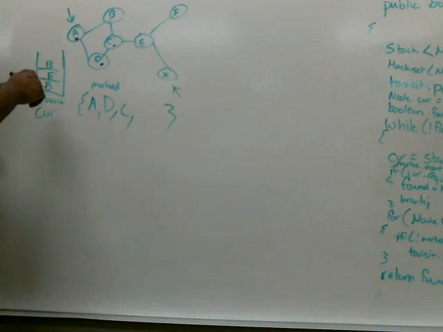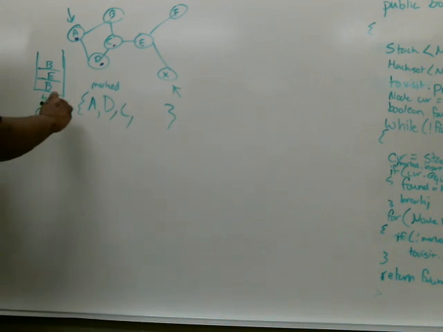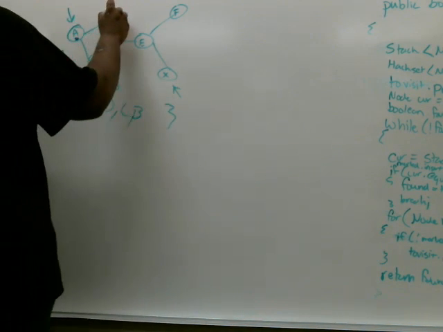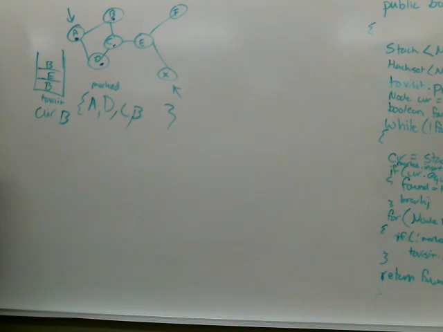Now we pop the top element off the stack, and we get B. So now we're finally visiting B. We mark this as visited, but B is not the element we're looking for.